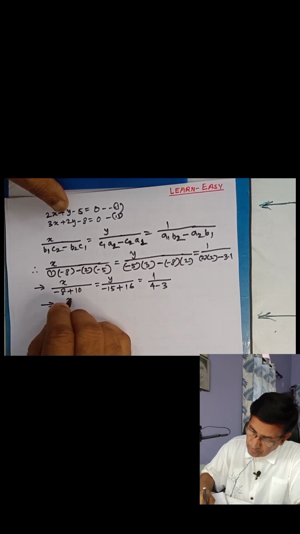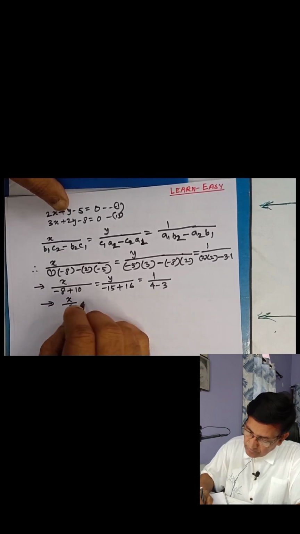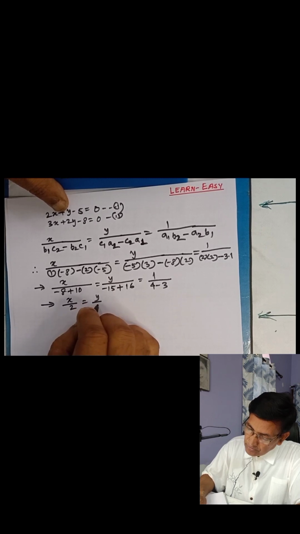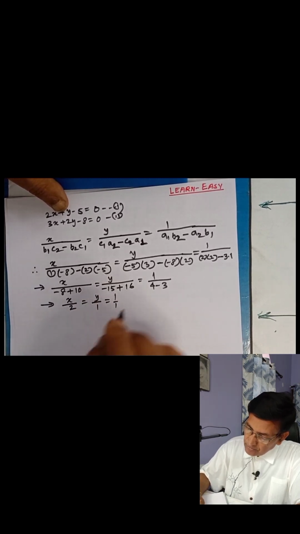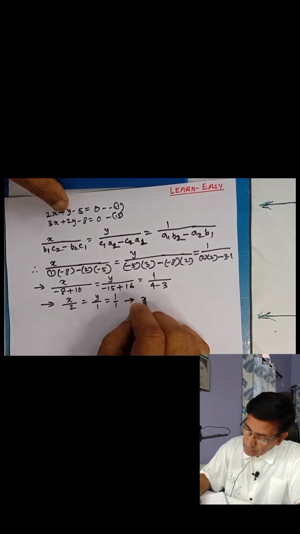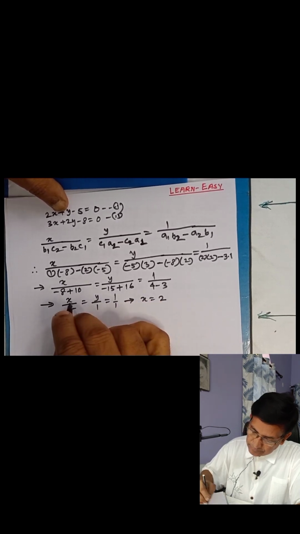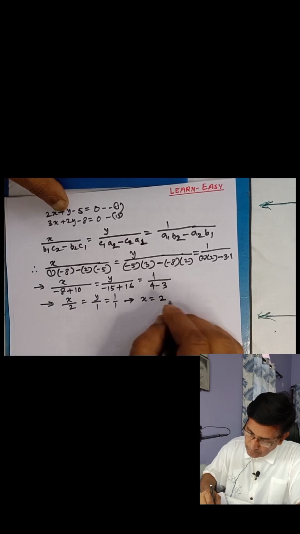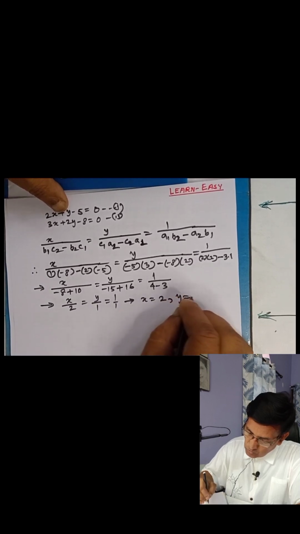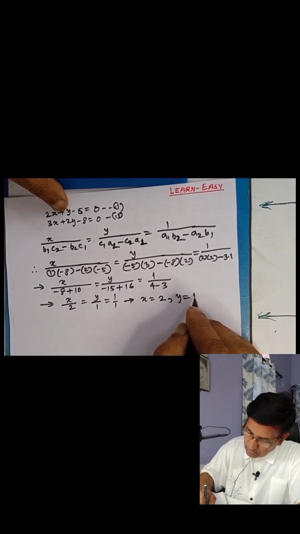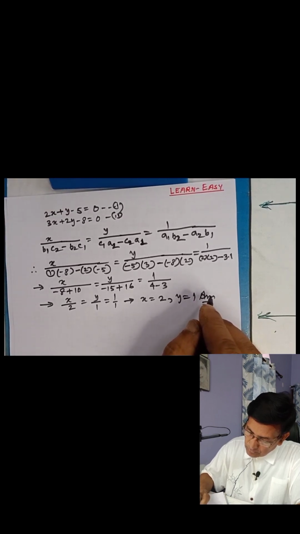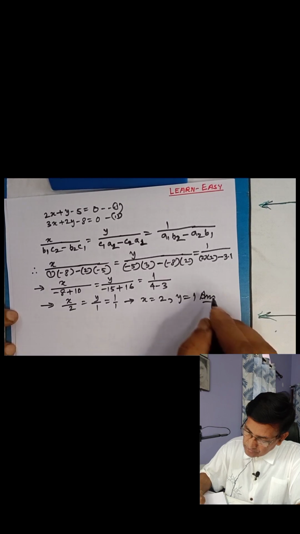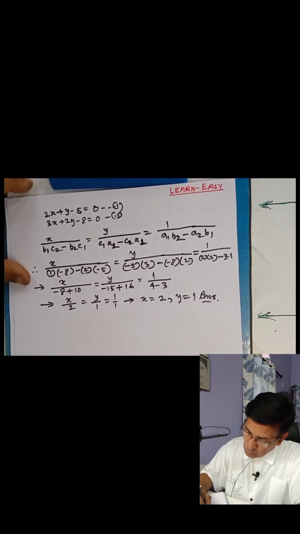Or x by 2, y by 1 is equal to 1 by 1. That means x by 2 is equal to 1, x is equal to 2 and y is equal to 1. This is the answer.